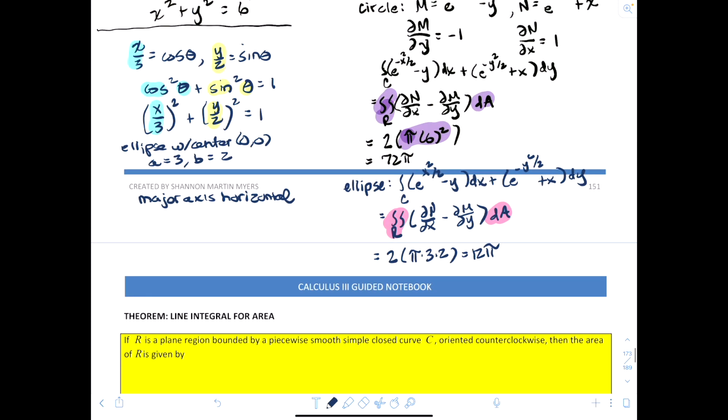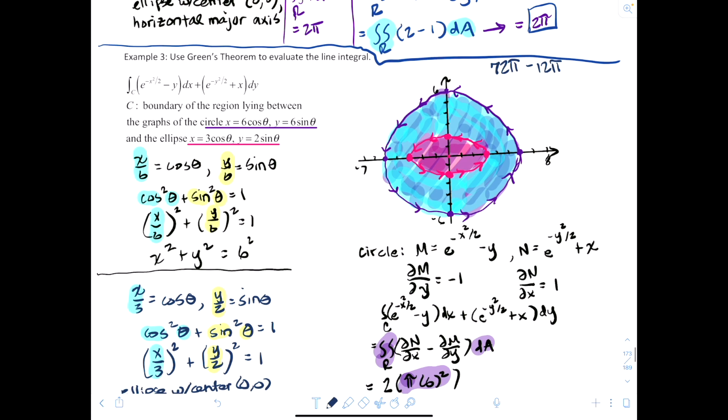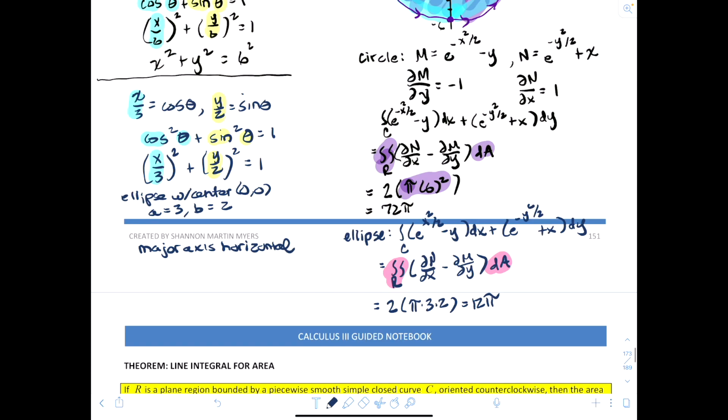So at the end of the day, our result, the difference, is 60 pi. Cool? All right. So that's the final answer, 60 pi.